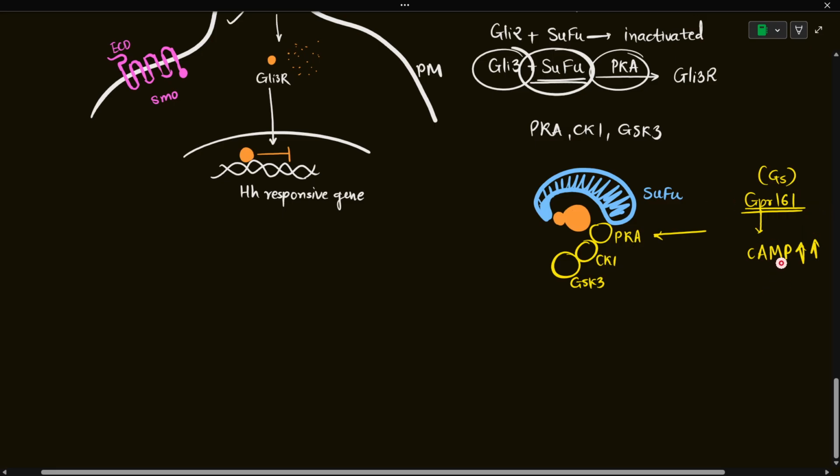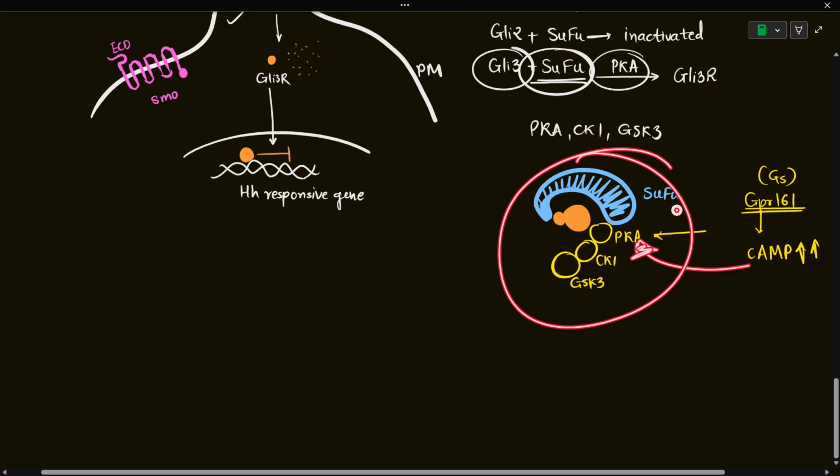So this is how all of the different signaling pathways are quite interlinked. This G protein, GPR161, is a stimulatory G protein, which is going to stimulate adenylyl cyclase, which will convert ATP to cAMP, cyclic AMP. An increase in cyclic AMP level will result in activation of protein kinase A, which will be recruited onto this particular complex.